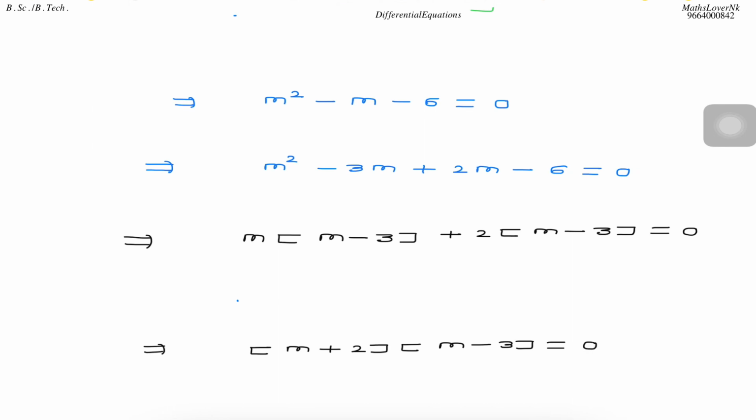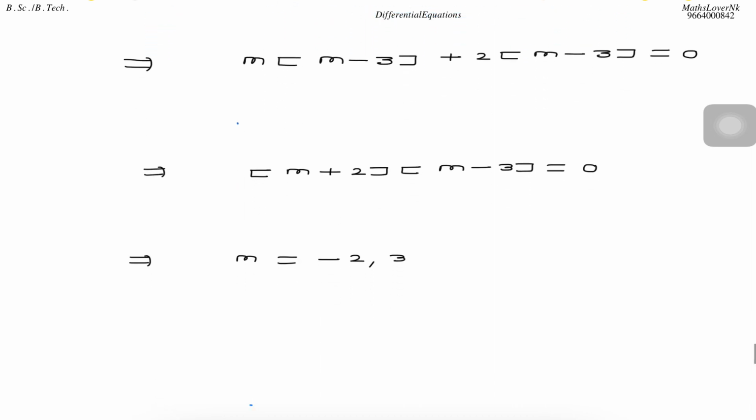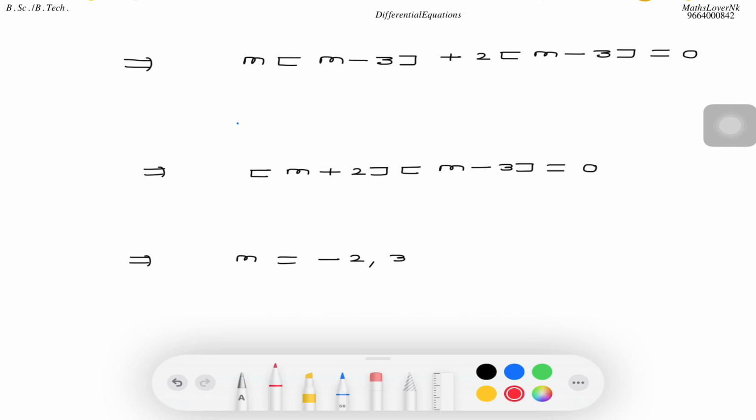When we put each factor equal to 0 one by one, we get the two roots. m is equal to minus 2 and plus 3. Now the roots are minus 2 and 3.